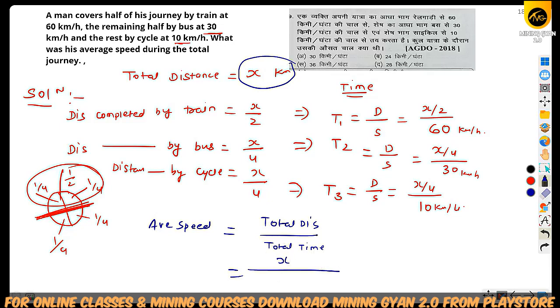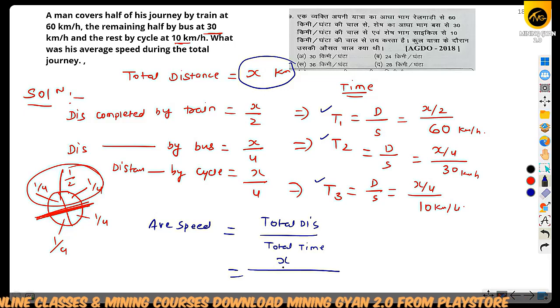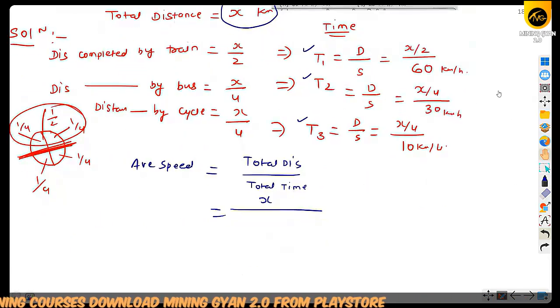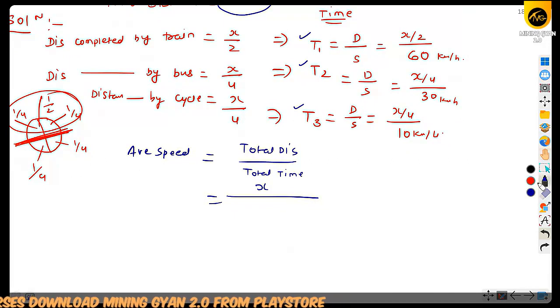Now the total time is t1, t2 and t3, so just add all the time intervals: t1 plus t2 plus t3.